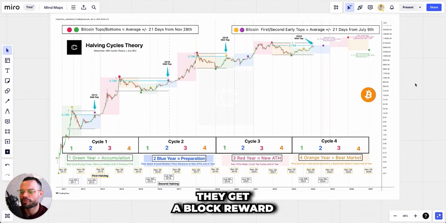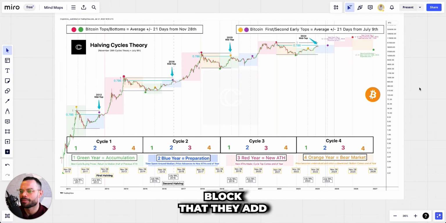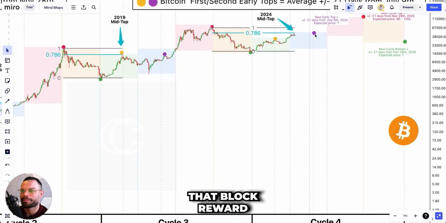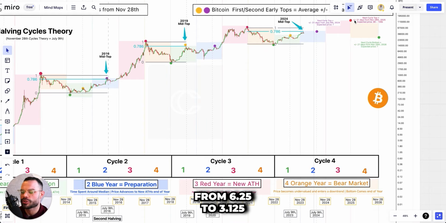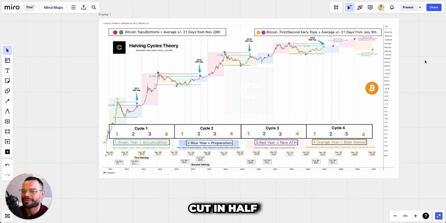They get a block reward, and that block subsidy at the moment is 6.25 Bitcoin for every successful block that they add to the blockchain. When we get to the next halving, that block reward is going to be reduced from 6.25 to 3.125. So it gets cut in half. And this happens every 4 years.